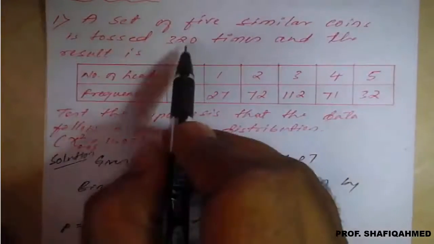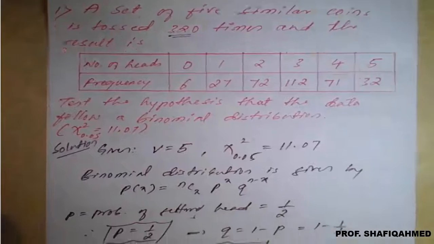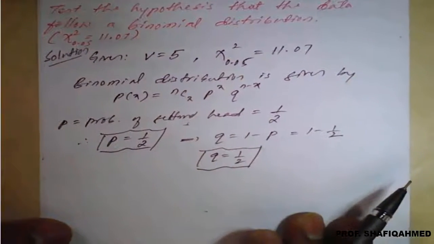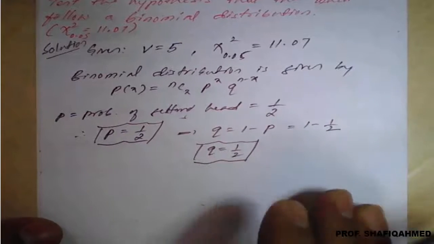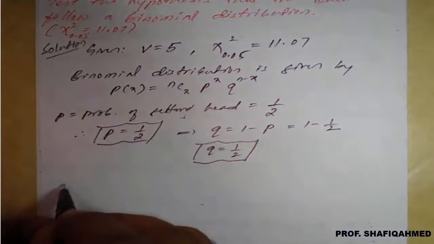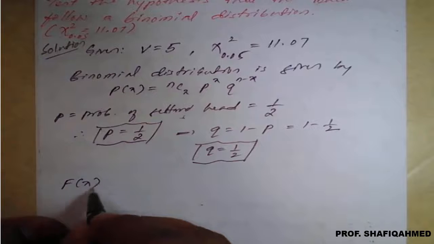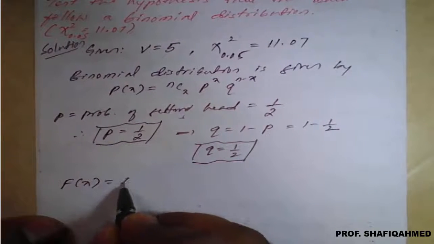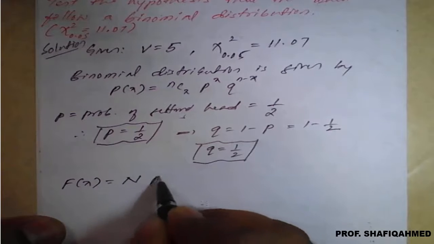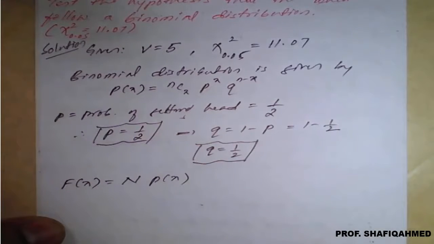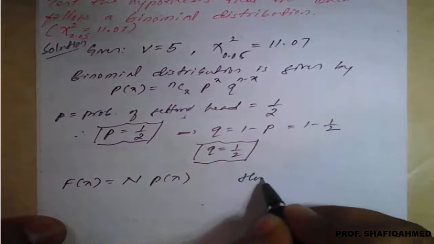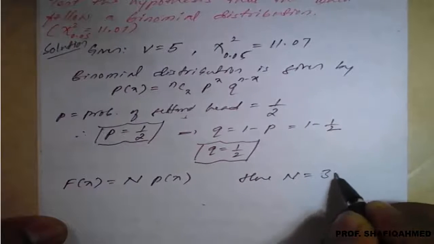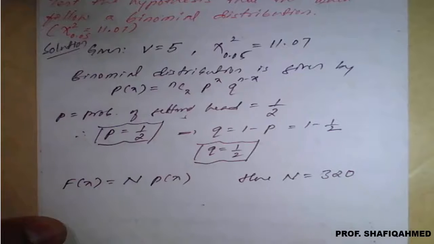In the question they have given how many times? 320 times they have tossed. So therefore here we need to find the theoretical frequencies, that is capital F of x is considered as theoretical frequency. So F of x is equal to N into P of x. Here capital N is nothing but number of times the coin is tossed, that is 320.